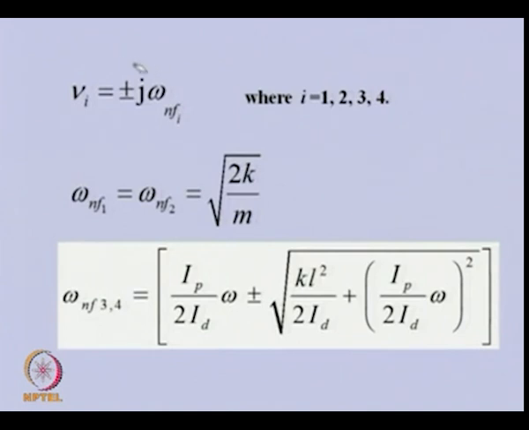Because the first two equations were uncoupled, we will get the natural frequency from them directly, but the third and fourth equations will give us the whirl frequency like this, which will depend upon the spin speed also. So, you can see that the whirl frequency now depends upon the spin speed due to the gyroscopic couple.